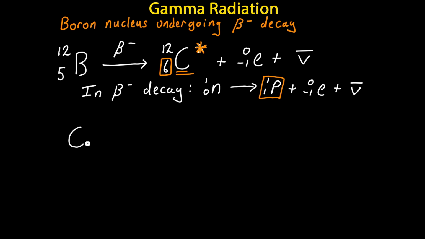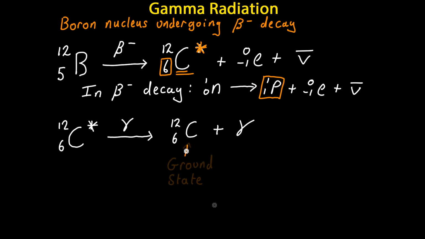So now the excited carbon nucleus becomes the parent nucleus, and our new nuclear equation shows the carbon nucleus returning to its ground state while releasing high energetic gamma photons or gamma rays. Also notice that the proton number and the nucleon number have not changed during this gamma decay.